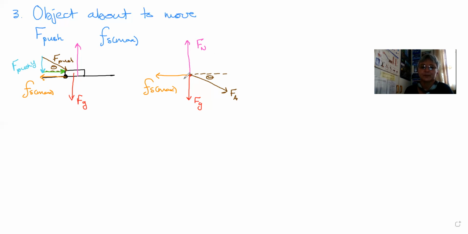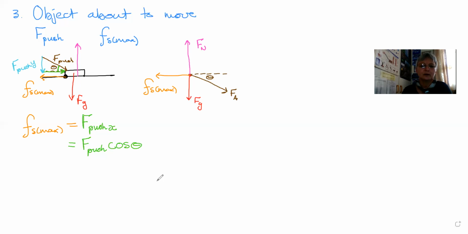So let's see. What are the possibilities? The Fs max is in equilibrium with the pushing force's X component. And the pushing force's X component is F push, adjacent to the angle theta, so we need to use cos theta.